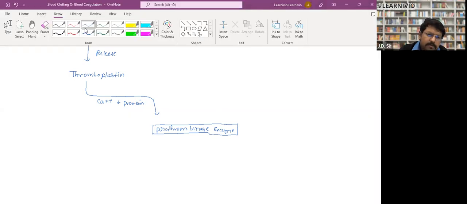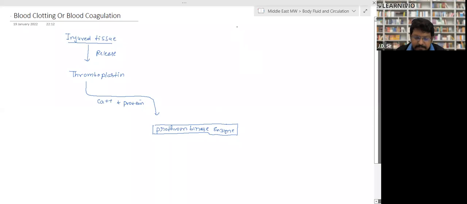Now another reaction also takes place parallelly. If we get an injury, the blood platelets will disintegrate because they also die. These blood platelets also release a substance, platelet factor 3.